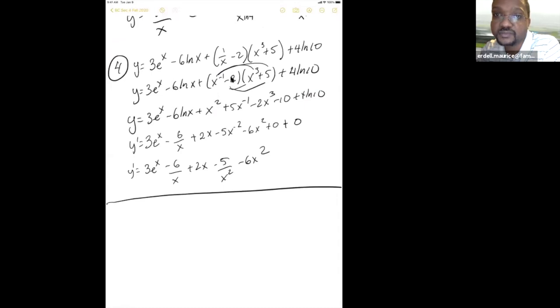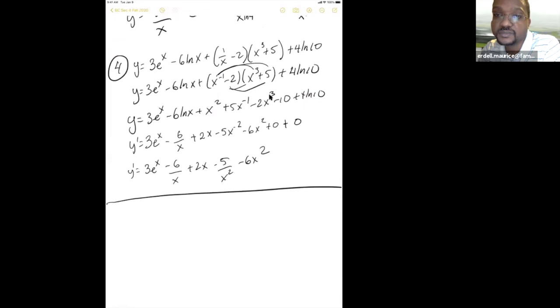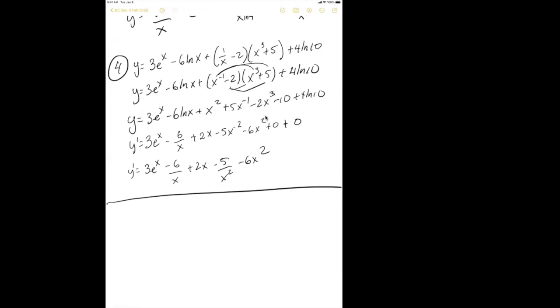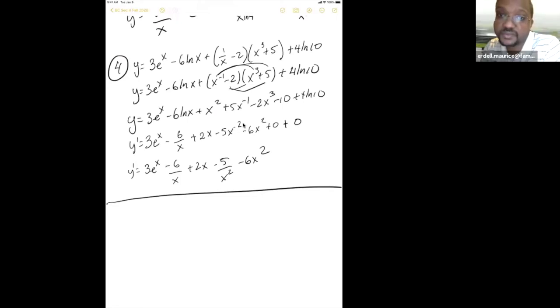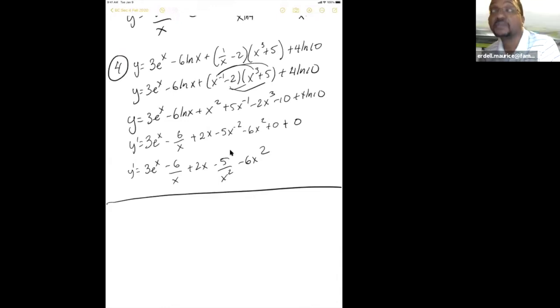See the negative 2 times the x cubed is negative 2x cubed, and then 3 times negative 2 is negative 6. Yeah, I got you. Anybody else? Why did you put the x squared under the negative 5? Because the power is negative 2. When you have a negative power, it goes in the denominator. Oh, okay. Anybody else? Right.